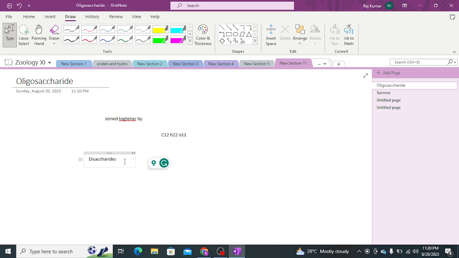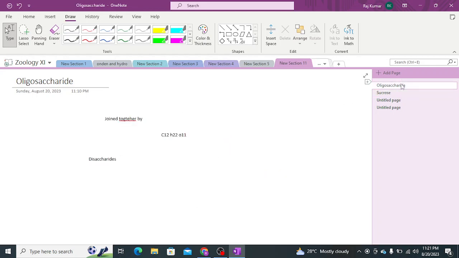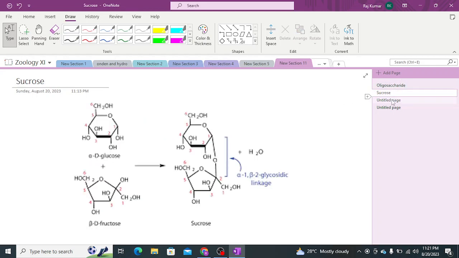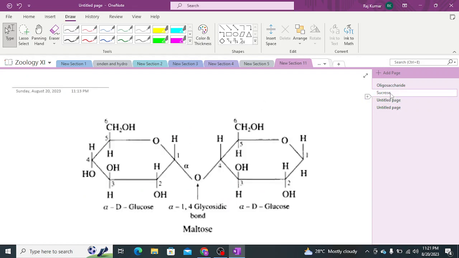If you understand the structure of disaccharides, you will be able to understand other structures as well. Disaccharides are the most common type of oligosaccharides, and they have three major types, which include sucrose, maltose, and lactose.